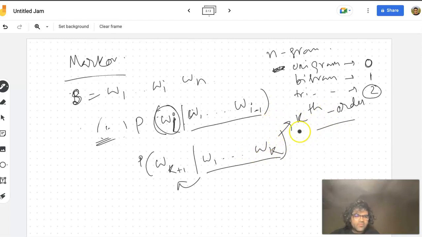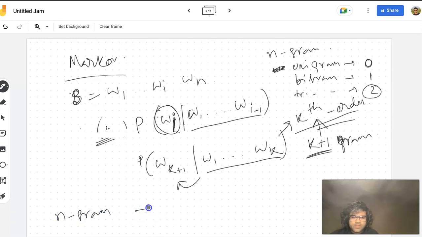A kth order Markov model is a k plus 1 gram model, so bigram, trigram. A k plus 1 gram model is basically a kth order model. Or you can say it the other way around: an n-gram model is an n minus 1 order Markov model.